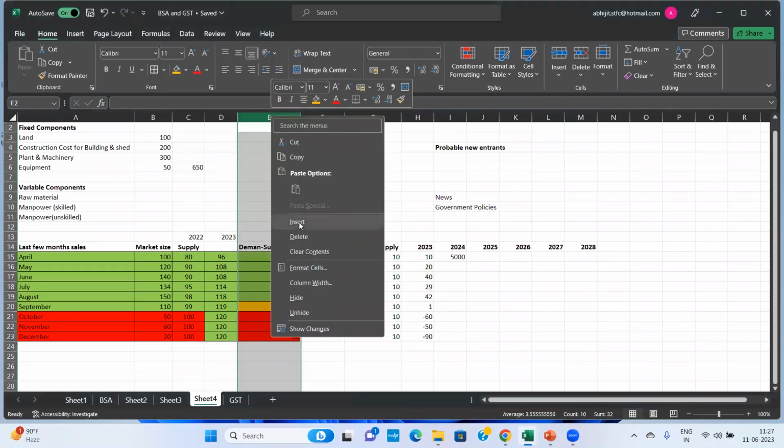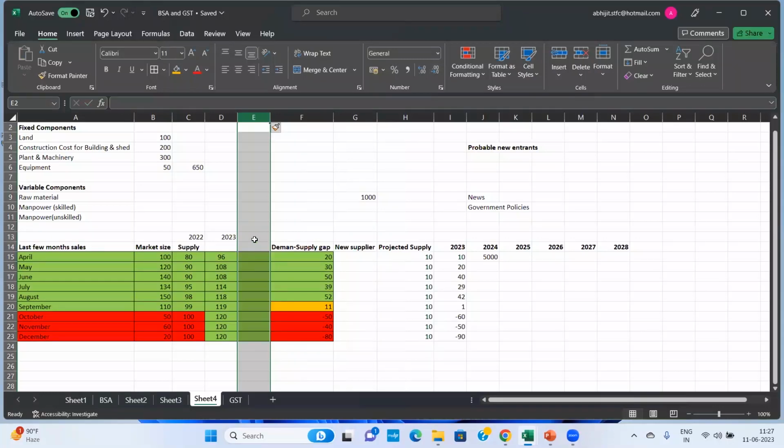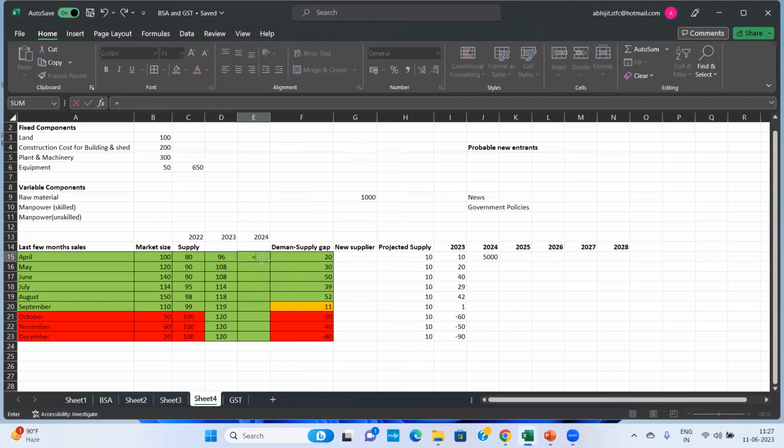Again, for 2024, another 20%. Again, ignore the decimals, right? So if you are not getting data, probably you can use a thumb rule and increase the number. Yeah, 20% of the previous year, or base year.